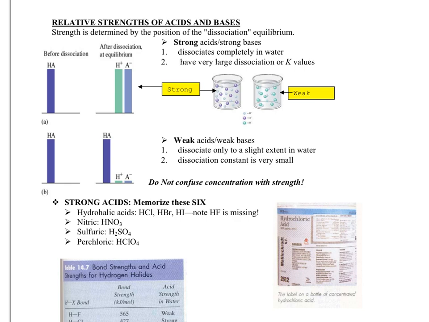So when we use the term strength, one thing you want to be very careful about is to realize that strength does not equal molarity. Those are two separate things. Strength is actually a physical property of my acid or base, and it's based on its solubility or its degree of dissociation.